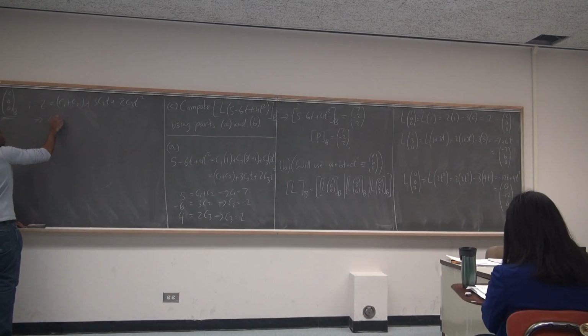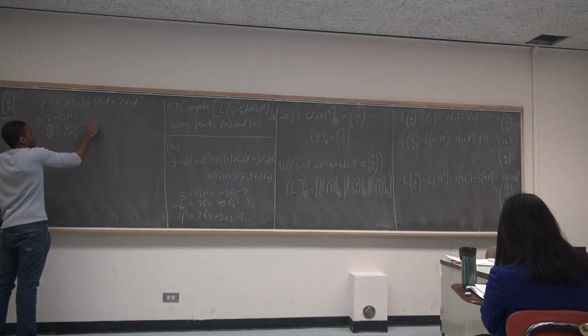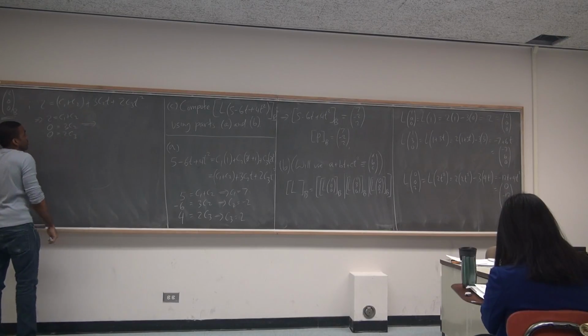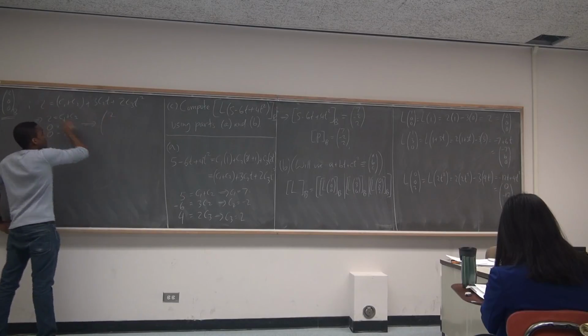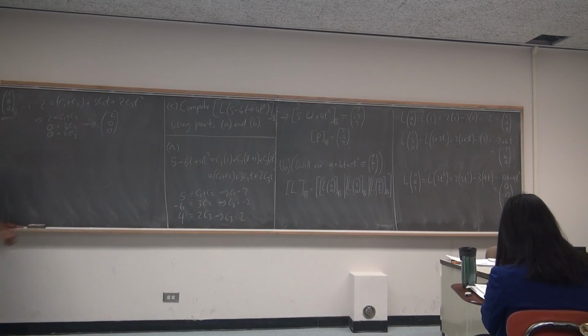So this implies that 2 is equal to C1 plus C2, 0 is equal to 3C2, 0 is equal to 2C3. And so that pretty much gives me what? C1 is 2, everyone else is 0. So that guy is actually himself, right? So that's the first one.